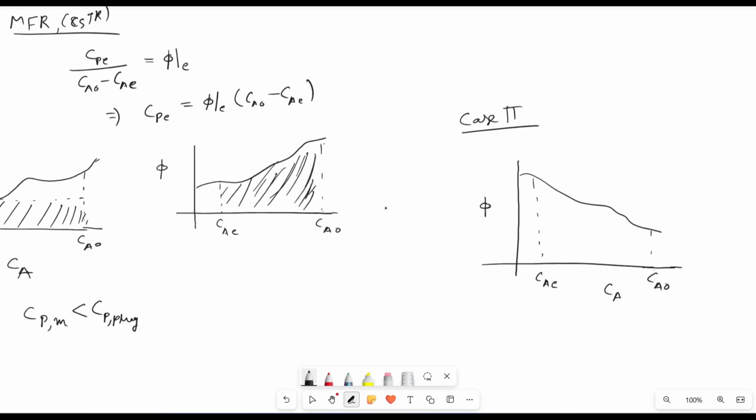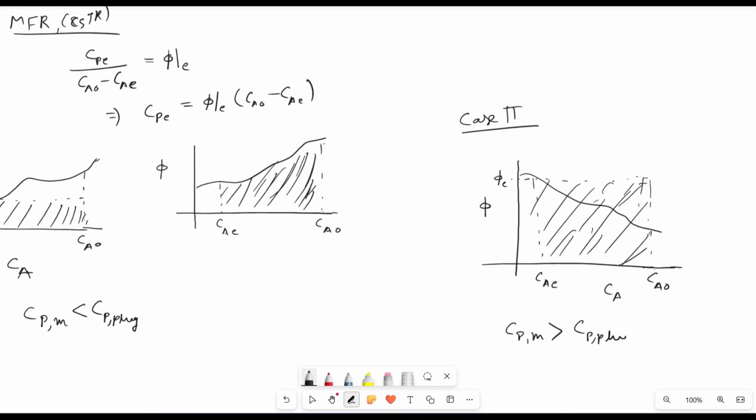So this will be phi at exit. This entire area will give the product. So in this case, Cp mixed flow is greater than Cp plug flow.